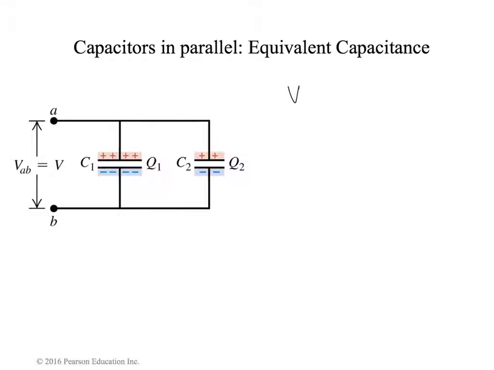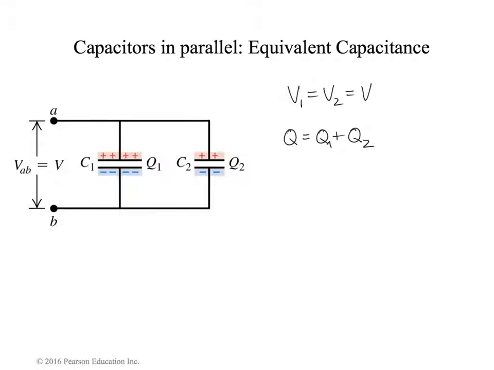Now, again, we found that all the potentials are the same, and when the battery gives the charges the energy to move around, the charge will accumulate on each capacitor in a way that makes the potential the same across both of the capacitors. There's only so much charge that can move around, and so our total charge is divided between the two capacitors. So here, Q1 and Q2 add up.